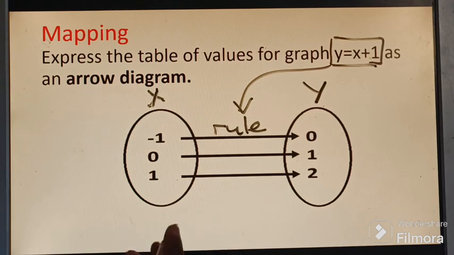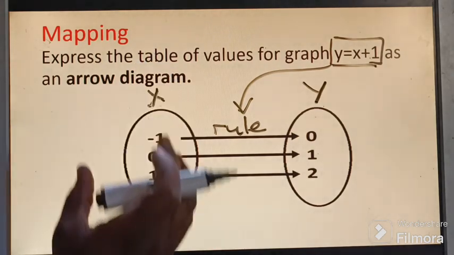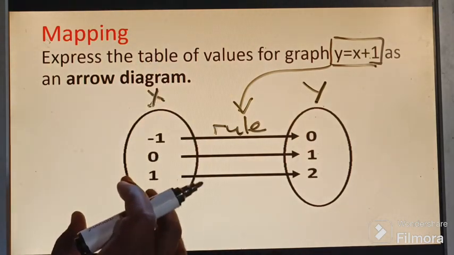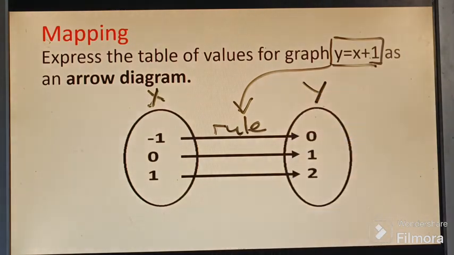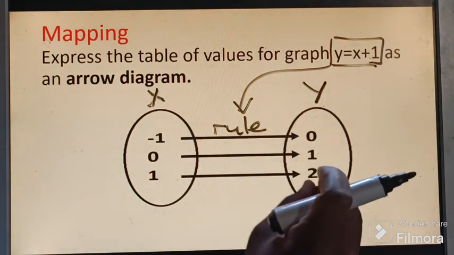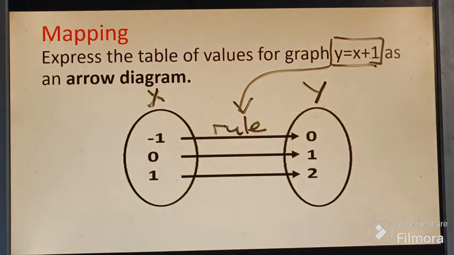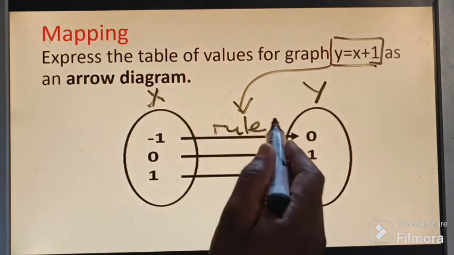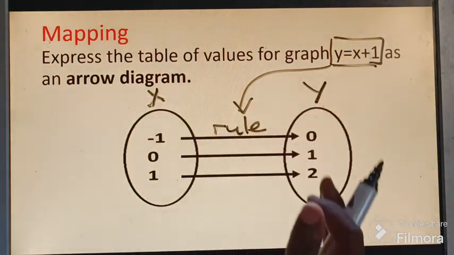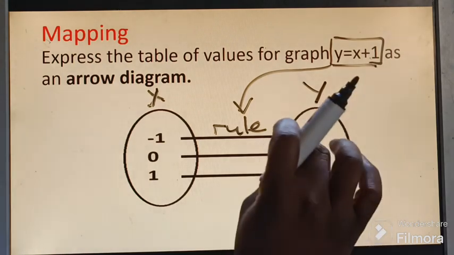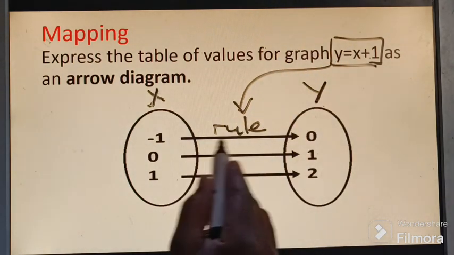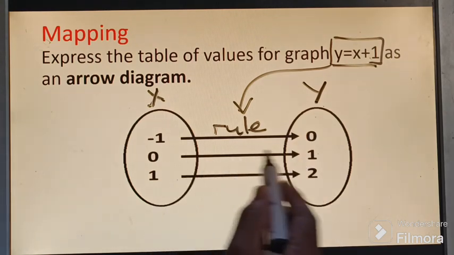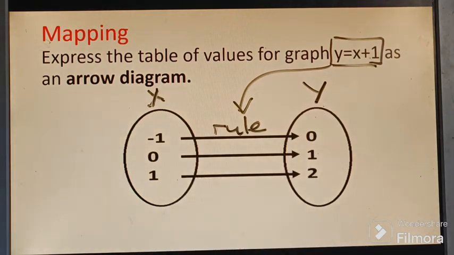And if there are other elements in the x set, we can relate them to the other corresponding elements in y, following this rule represented by the arrows.